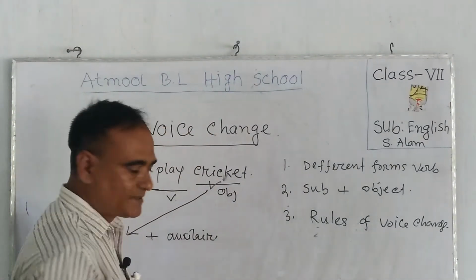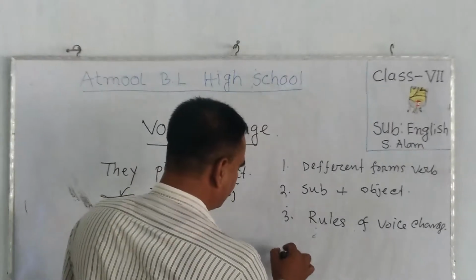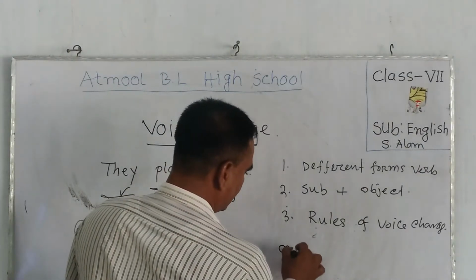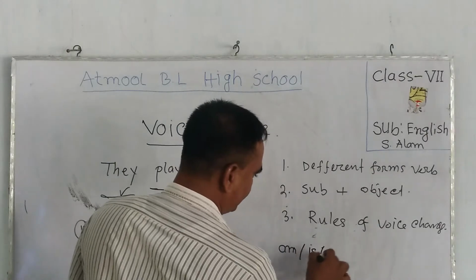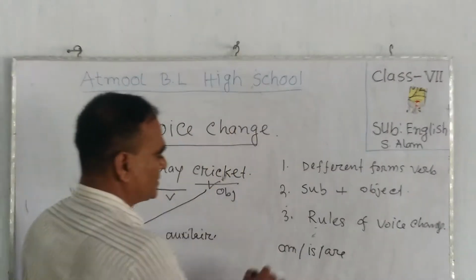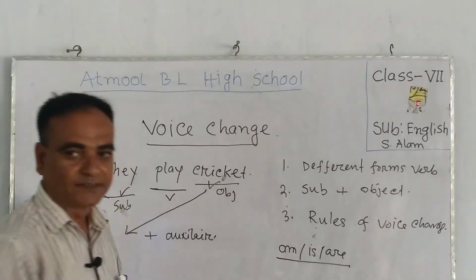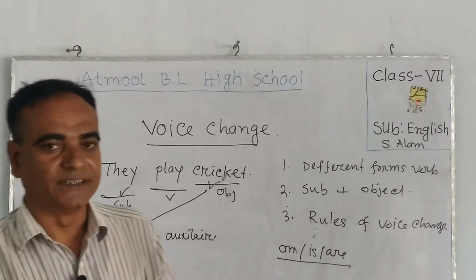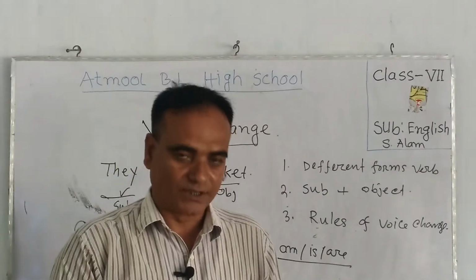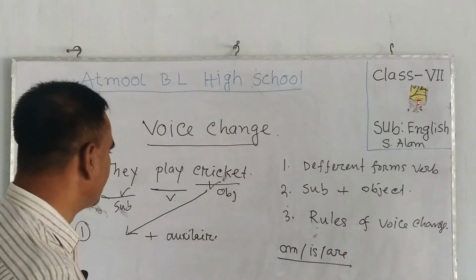In present indefinite tense, the auxiliary verb will be am, is, are. So we have to use am, is, are for changing voice of present indefinite tense.